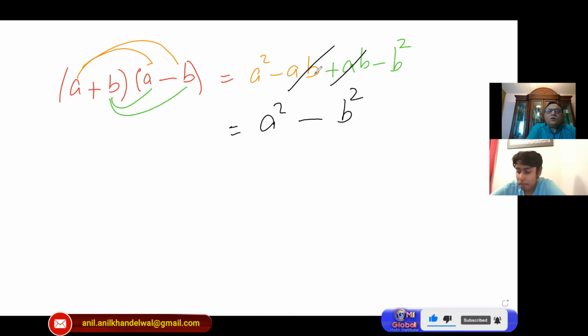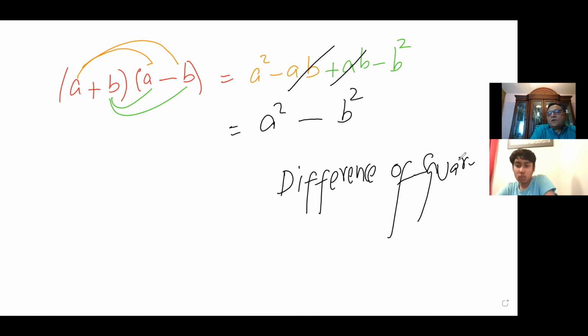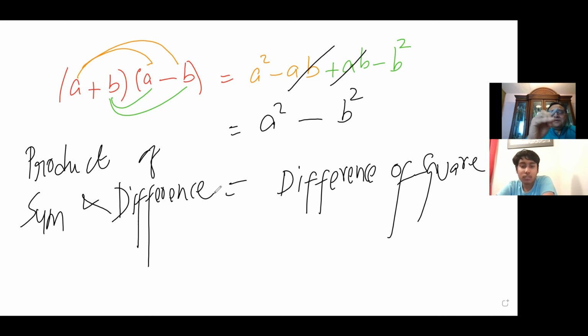Yes, sir. So this is called difference of squares. So on this side, we have difference of squares. And what do we have on the left side? Product of what? Sum and difference. You see that? Yes, sir. It does make sense.